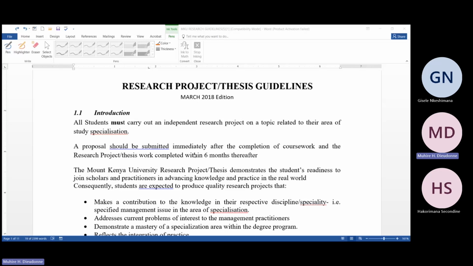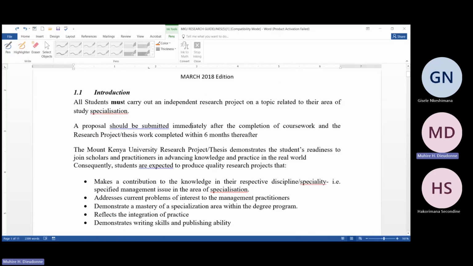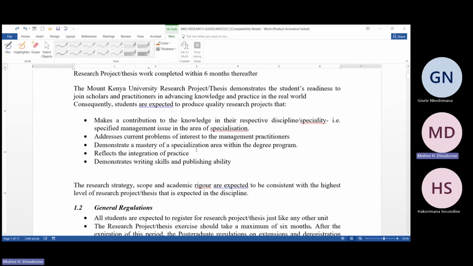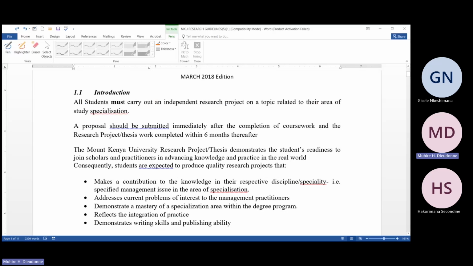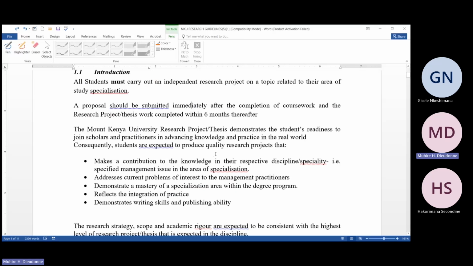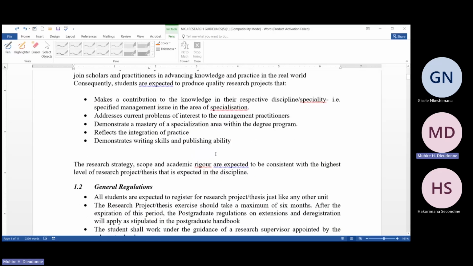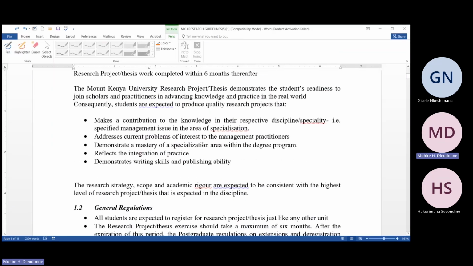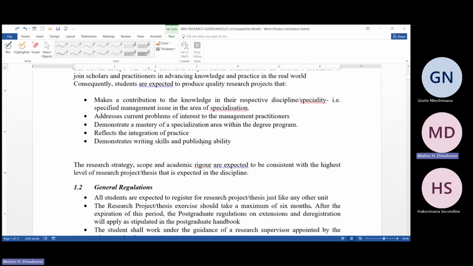So each and every student does research, and some students may also be combined depending on the school. But even if they are combined, what we want here is to be sure that we are doing a very nice research and also gaining some knowledge about research.